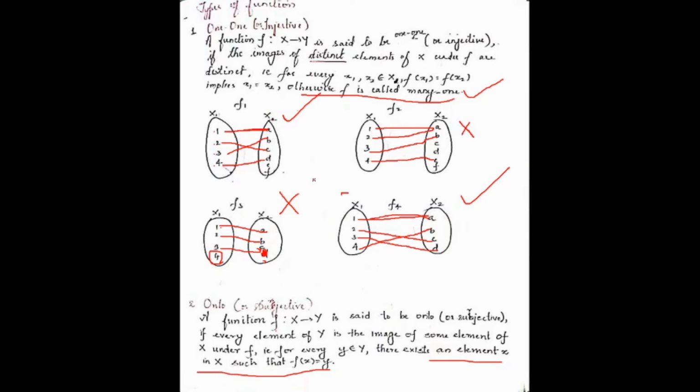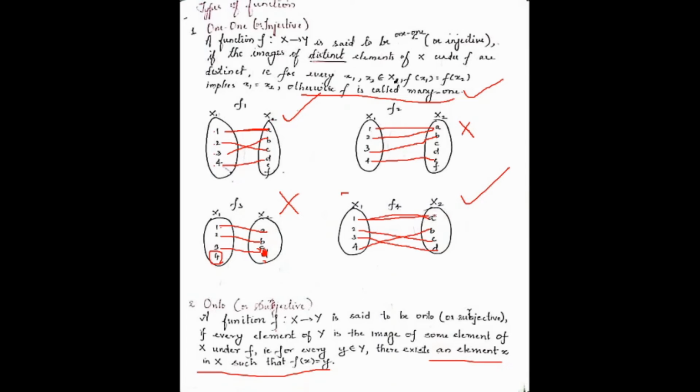We'll take the same example, you'll understand in a clear way. See, here A is having pre-image in X as 1, B with 4, C with 2, D with 3. Is any of the elements over here left out? No, none of the elements are left out.